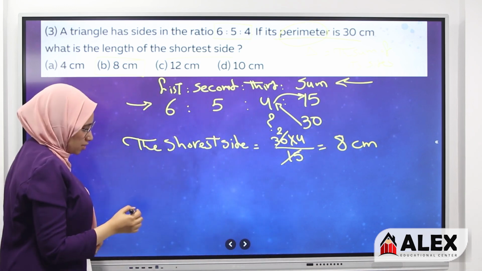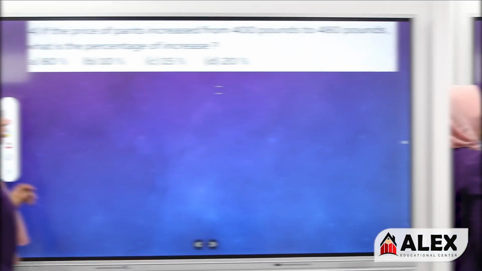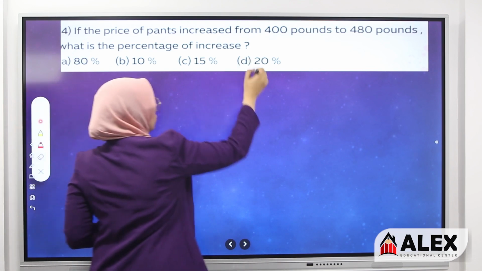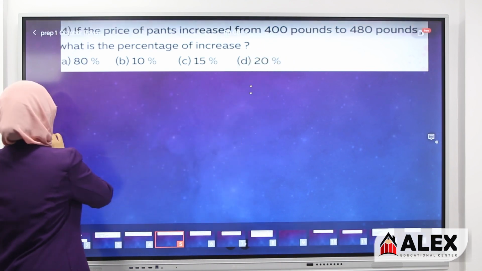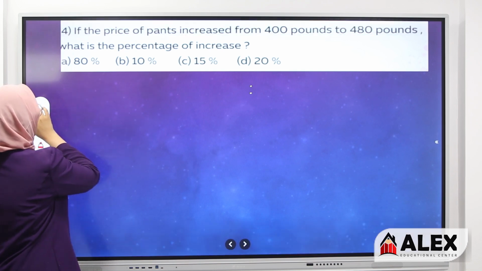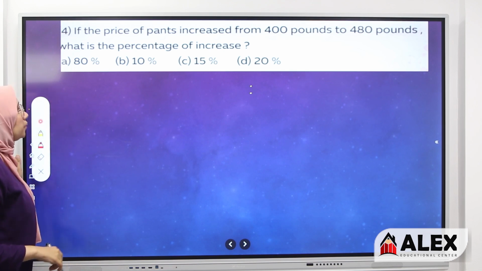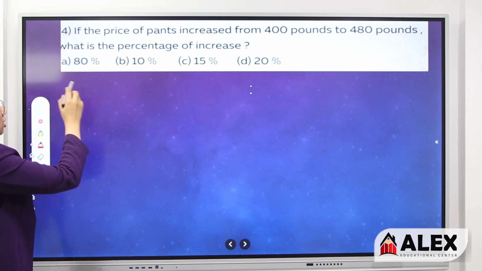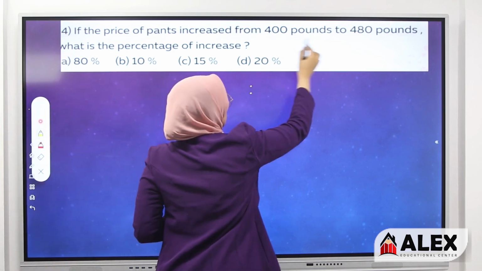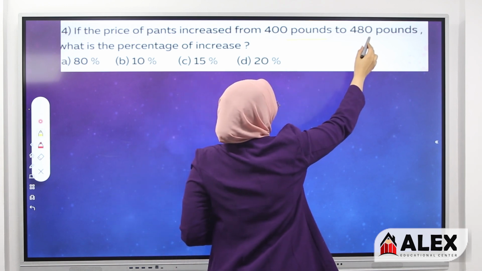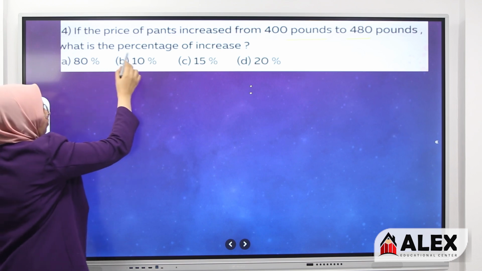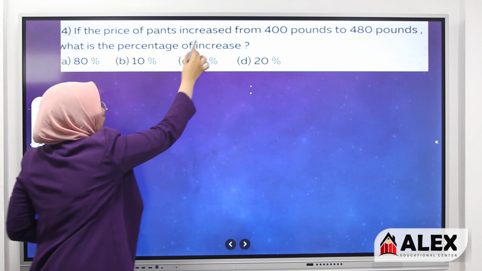Question number 4. The price of pens increased from 400 pounds to 480 pounds. What is the percentage of increase?